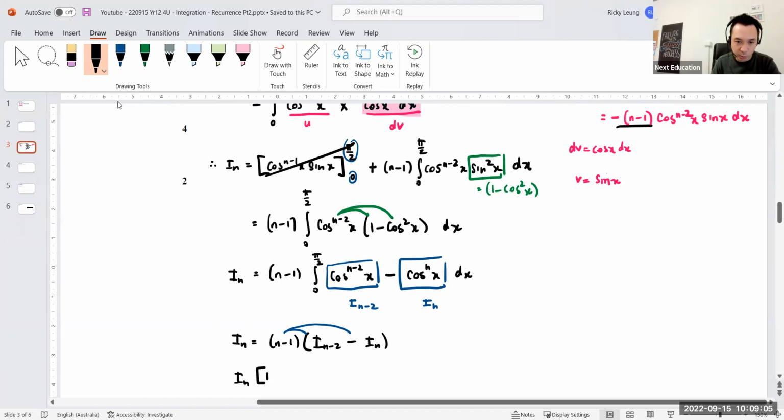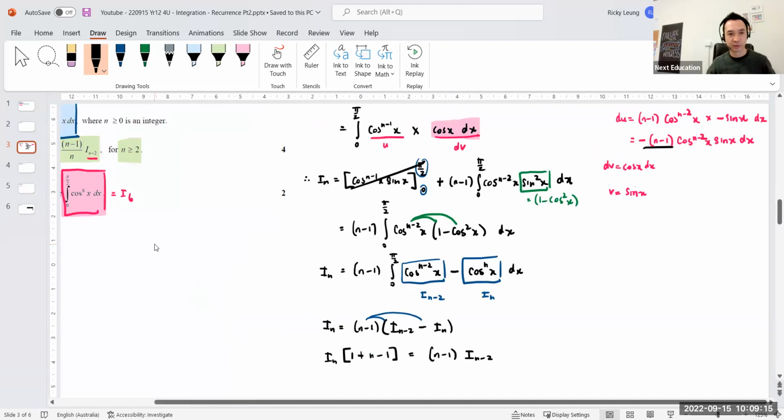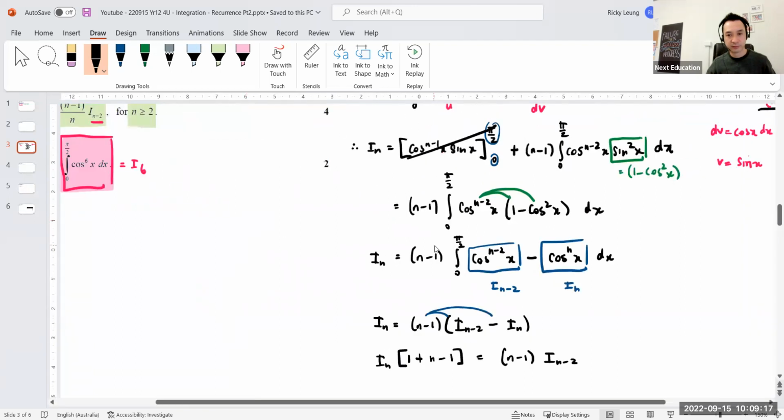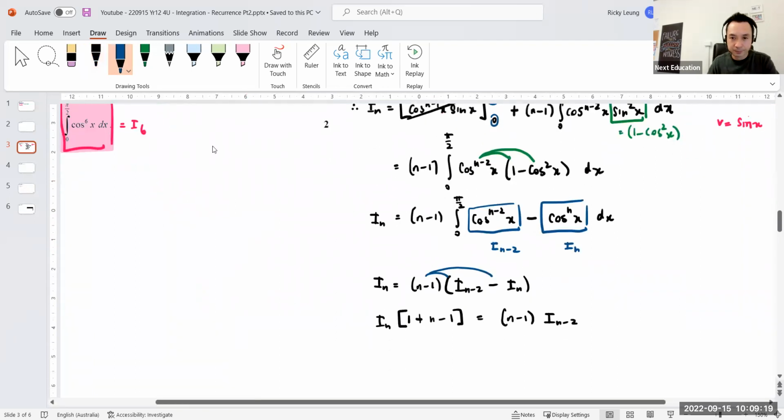When I move this guy over, it'll be plus n minus 1 equals n minus 1 times I n minus 2. Have a quick look because the n minus 1 is going to get out. Is n on the bottom there? Perfect. So the n minus 1's go away, and then you get n times that, divide the n over, and you have your recurrence statement that you desire: I n equals n minus 1 over n times I n minus 2. Great.